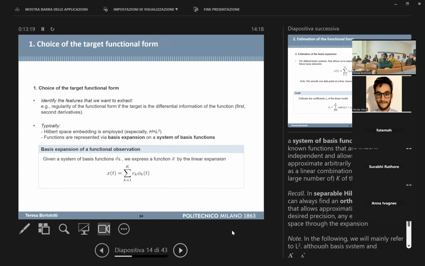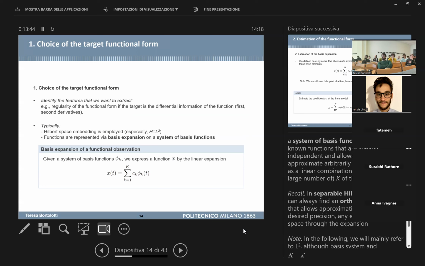Okay. So, first of all, to choose the optimal functional form, you need to understand what are the features of the data that you're interested in. If you're interested in second order derivatives, of course, you need to define your functions in a way that the second order derivatives are well defined.